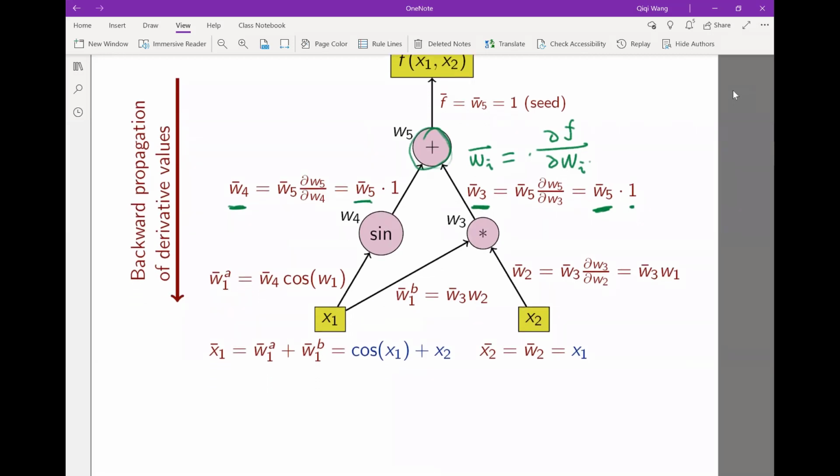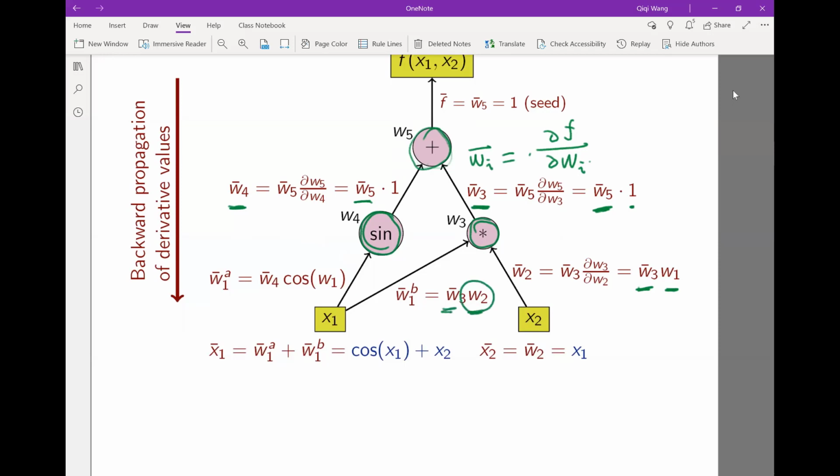And now we know the derivative with respect to the output of the multiplication and with respect to the output of the sine. The task now is to figure out the derivative of the same output with respect to the inputs of the multiplication and with respect to the inputs of the sine. Again, using chain rule, we get the W3 adjoint multiplied by W1 and the W3 adjoint multiplied by W2.